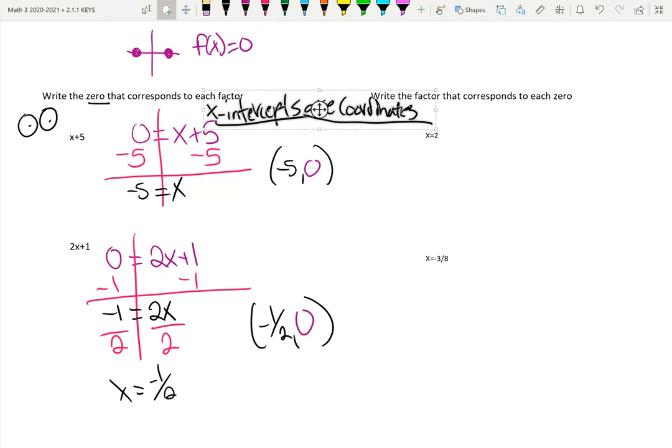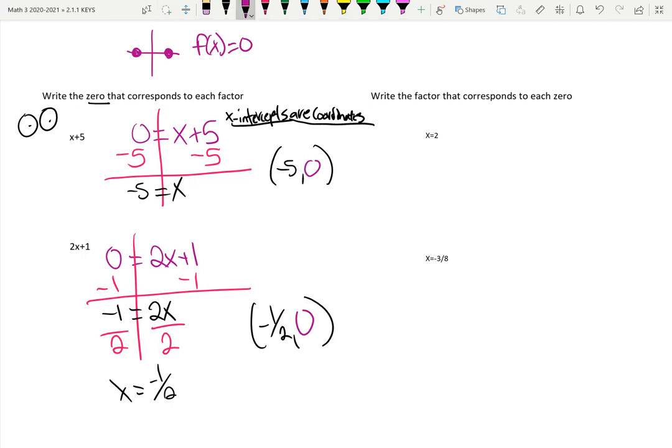All right, now on the right, we want to write the factor that corresponds to each 0. This is going to be the same thing we're doing. This is essentially the solution that makes it 0. So you're given 0 is equal to, well, if I plug 2 in, what gets rid of 2?